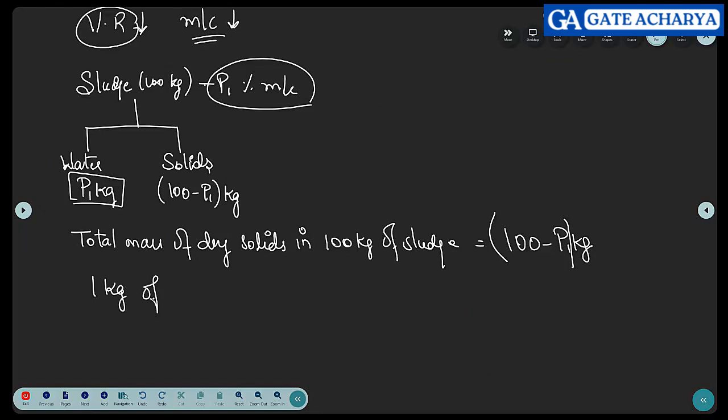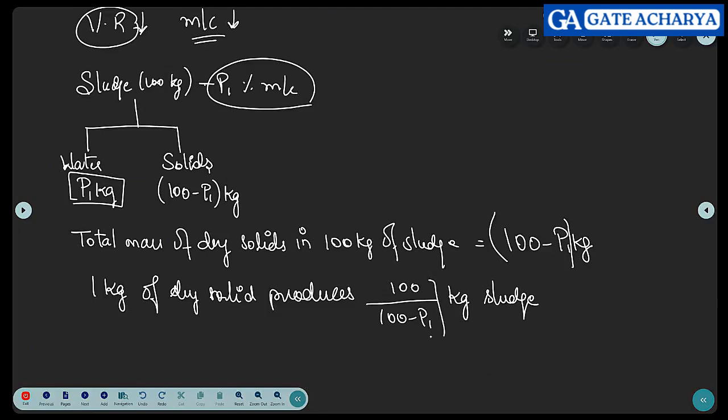One kg of dry solid produces how many kg of sludge? 100 divided by 100 minus P1 kg of sludge. Clear?